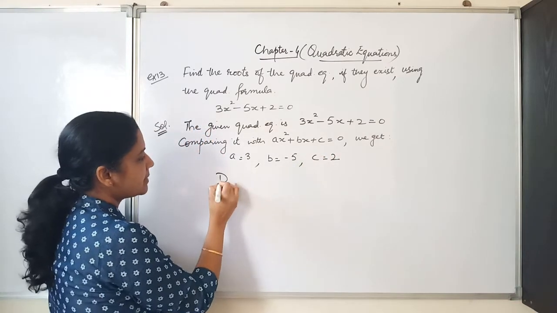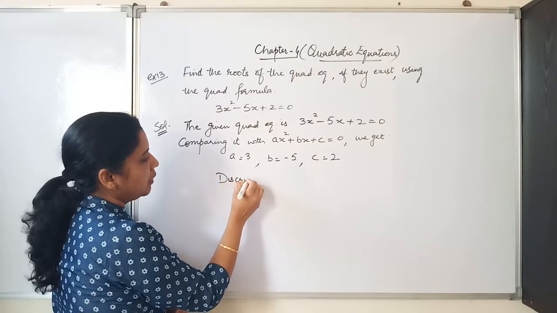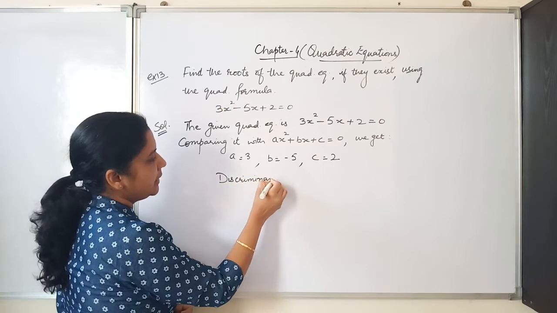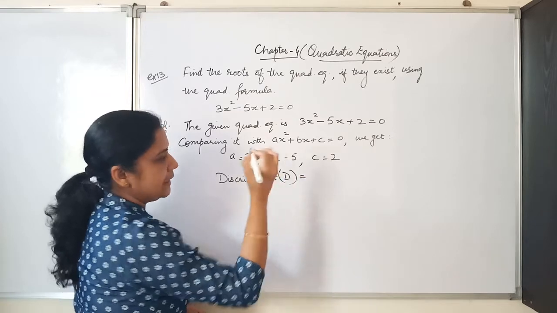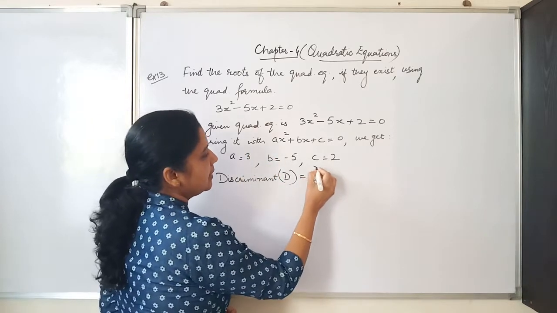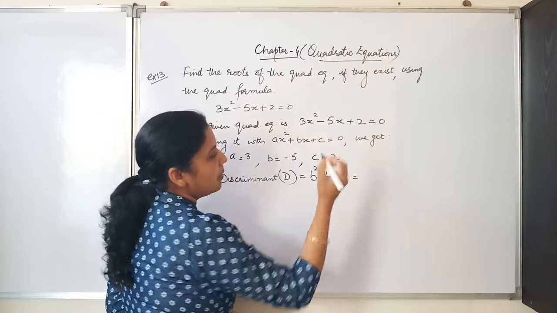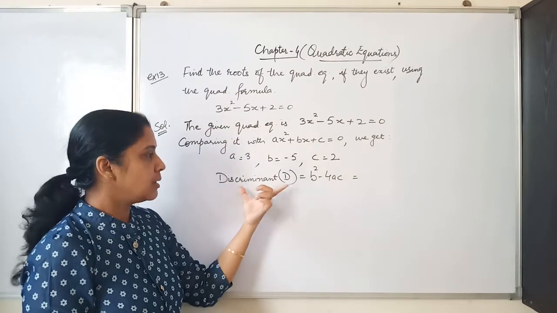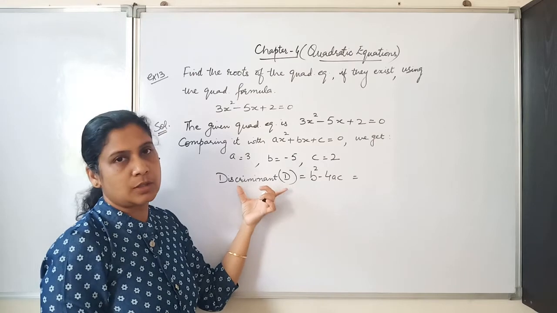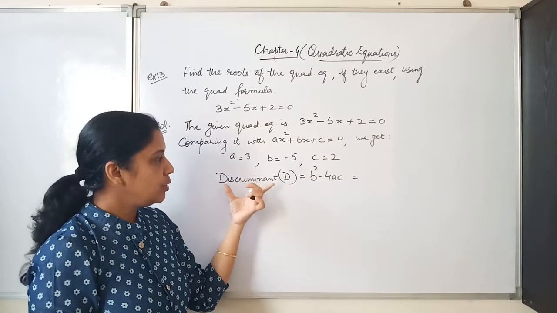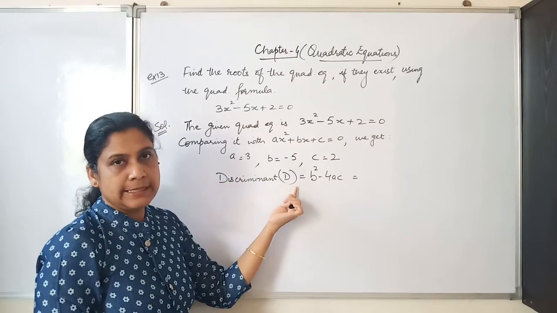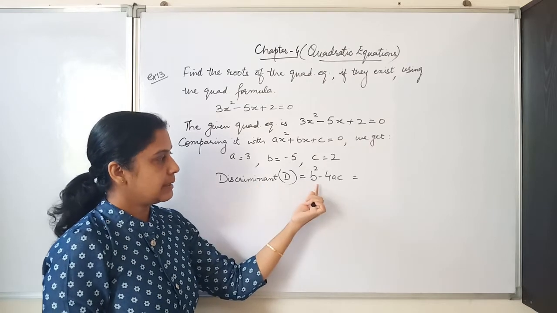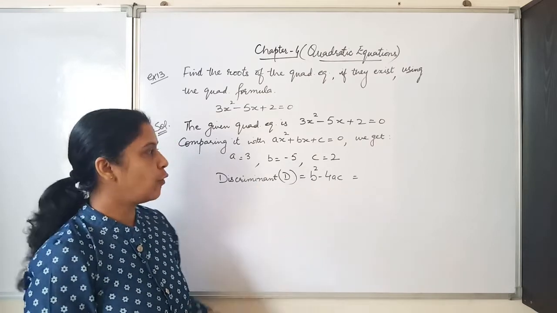In the very next step, we will be solving for the discriminant, that is D. Its formula is b square minus 4ac. Here we have started using this quadratic formula. So this is the first requirement of the quadratic formula: you need to solve for D. D is known as discriminant and its formula is b square minus 4ac.